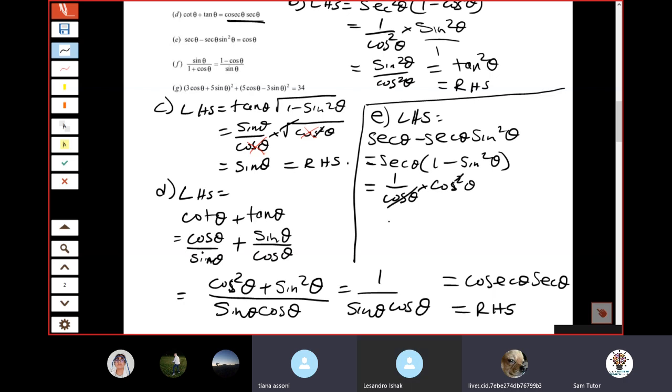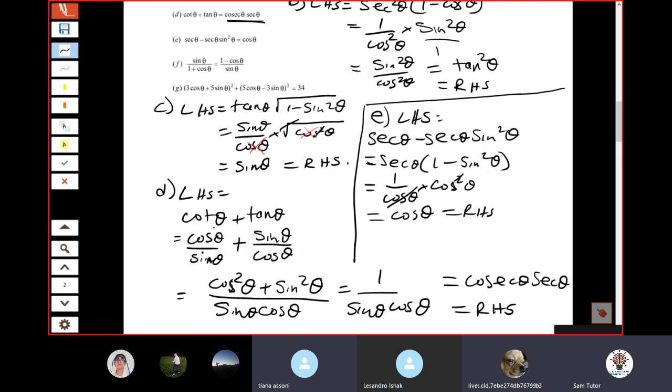Cos theta and this squared will cancel out, and you're left with cos theta, which is RHS. Yep, that makes sense. Everybody, all good? Yep.